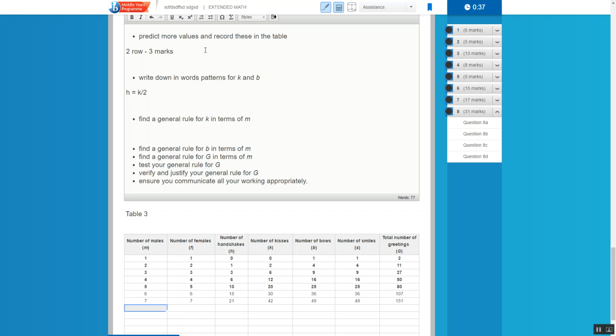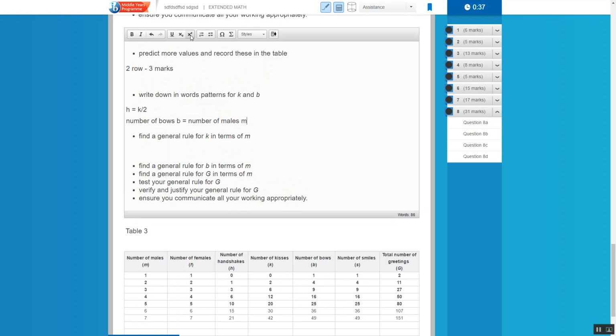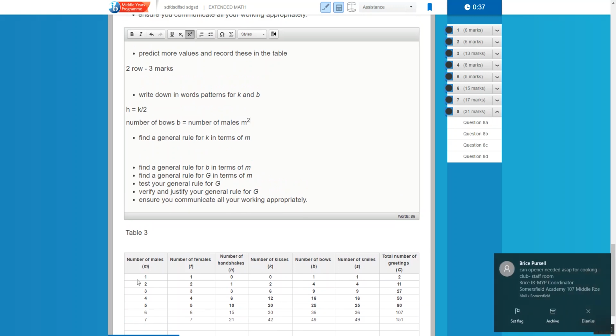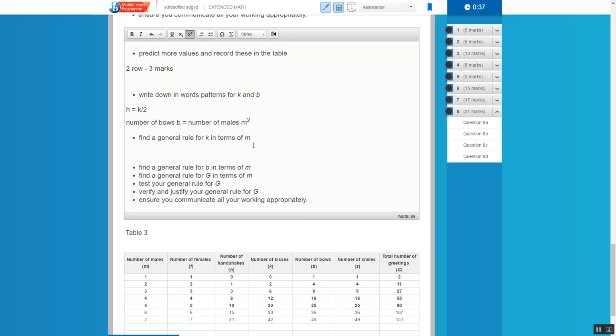So the number of bows, B, is equal to the number of males squared, because 1 squared is 1, 2 squared is 4, 3 squared is 9, and so on. I can also notice that that is the same for the number of smiles.